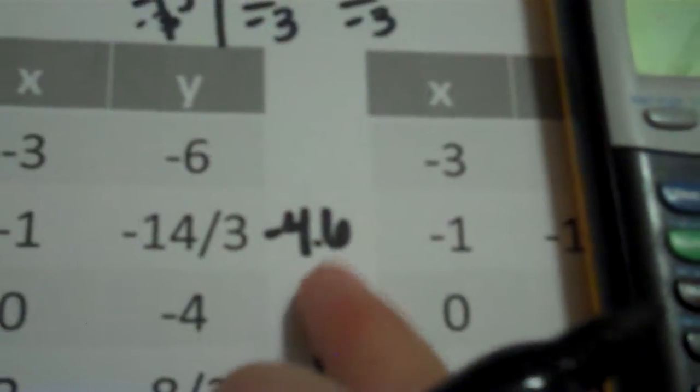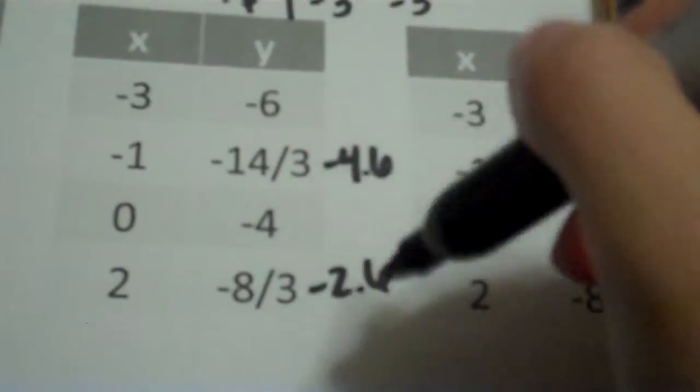Okay, so I'm going to get out of that stuff. Okay, blank screen. I'm going to do negative 14 divided by 3 and see if it gives me that. Does that say negative 4.66 and it just keeps going? Yeah, it looks good. And then we'll do negative 8 divided by 3 and see if it gives us negative 2.66666. Yeah, okay, so those look like they match.